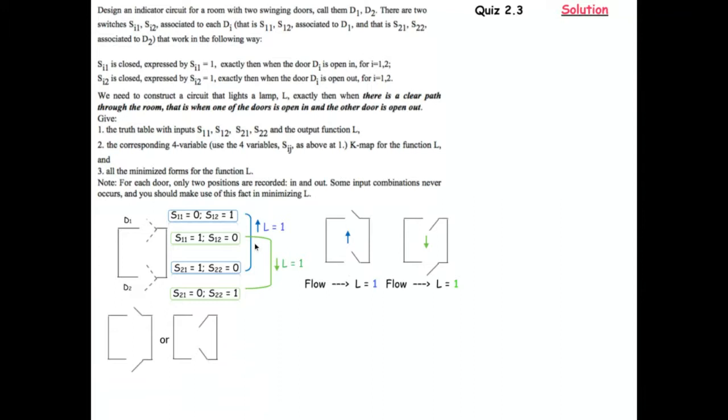So look, in this slide it says, if we have the flow, then light is on. The other two possible legal conditions are that both doors are out, or both doors are in, and we have no flow. The way this slide is talking about it, L is 1, light is on here, and L is 0, light is off here.